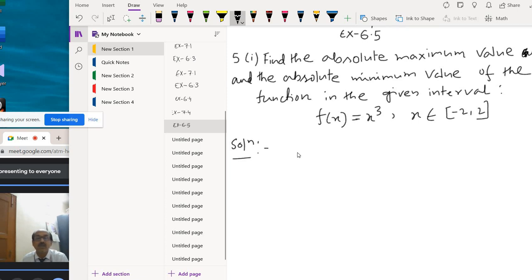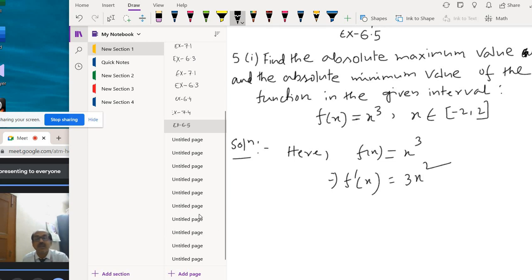So here f(x) equal to x cube. Find its derivative, first order f dash x. f dash x is equal to 3x square.